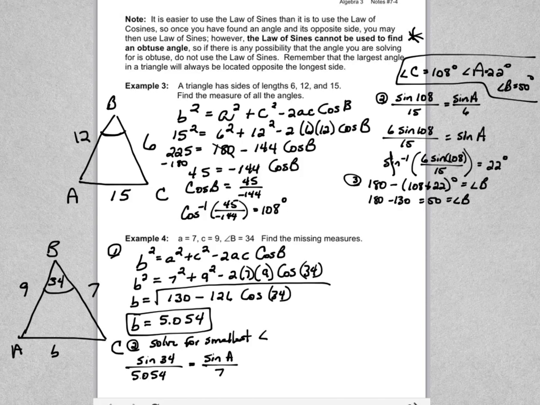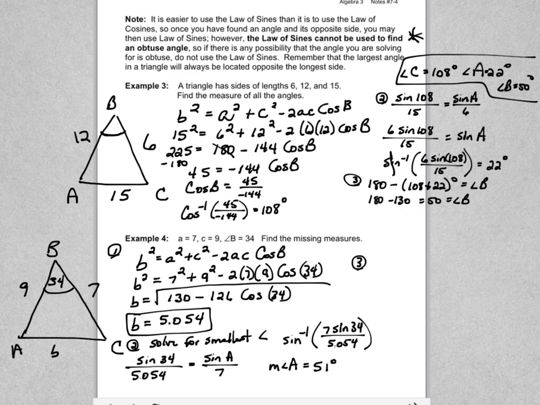Then you're going to have to say sine inverse of 7 sine 34 over 5.054. Again, you can work all that out and put it in, but that's what you're doing. You're going to take the arc sine of that number. And so the measure of angle A is going to be 51 degrees. Now your third step, of course, is to subtract those two angles from 180.